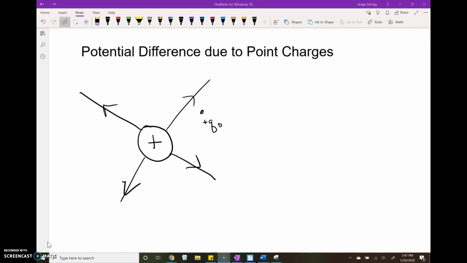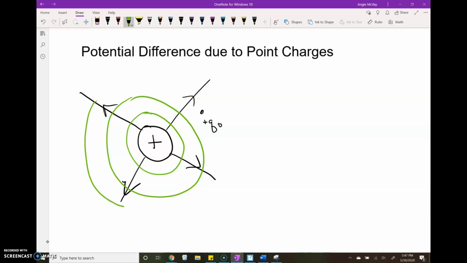It will move from one potential to another, experience a potential difference, some work will be done, and it will speed up, right? So that means that we can draw what are called equipotential lines around here, right? At different distances, a test charge would experience different potentials, right?